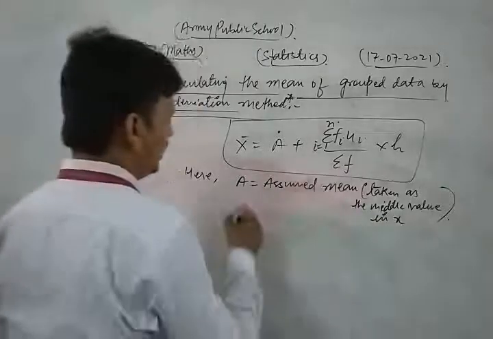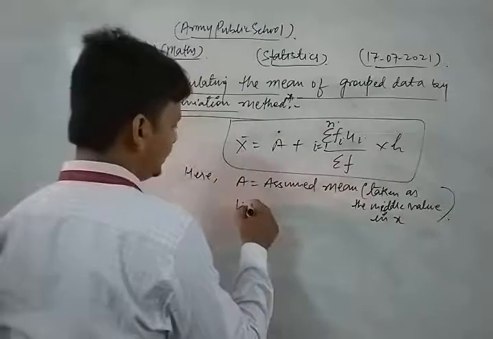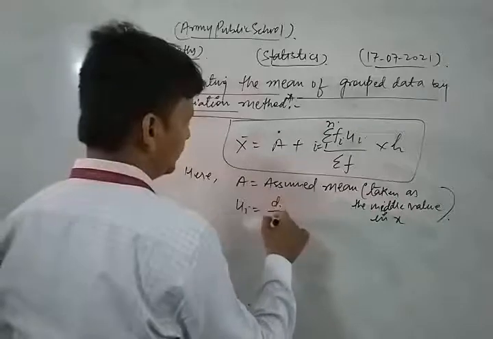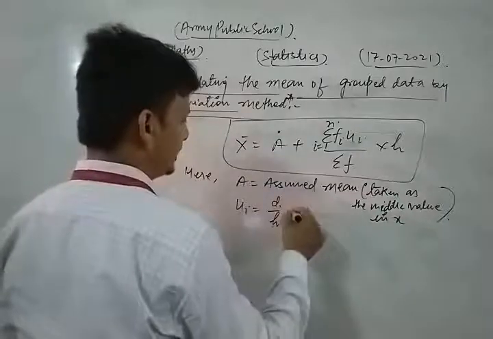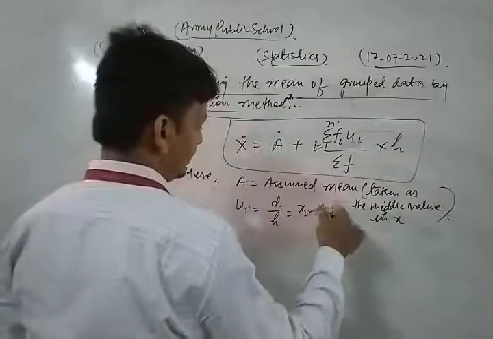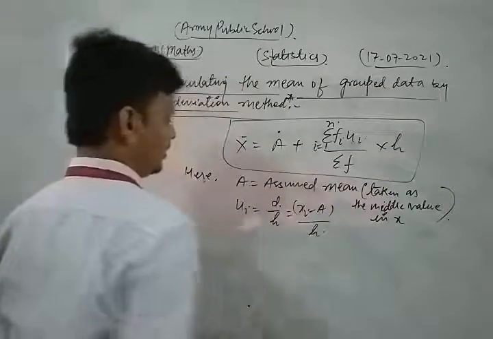And ui is calculated with the help of the formula d upon h. Here d is each xi minus a, upon h.